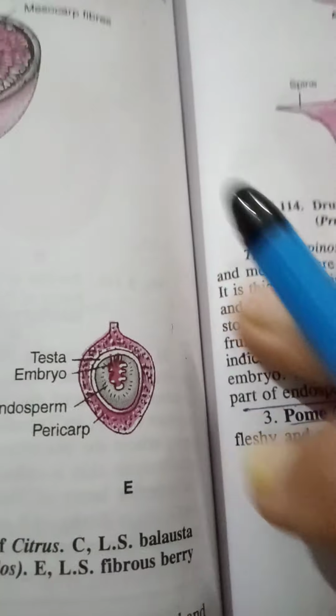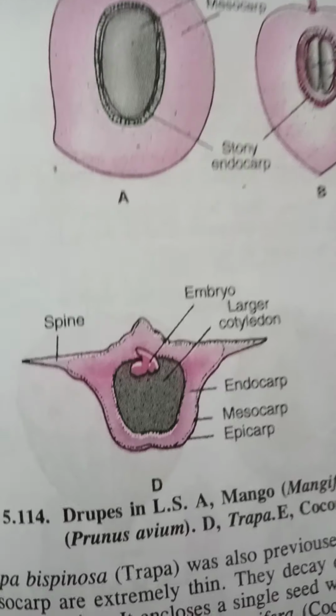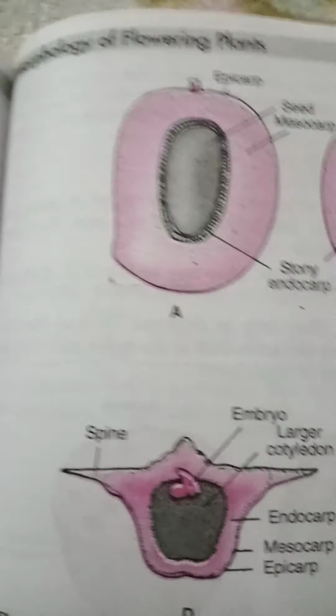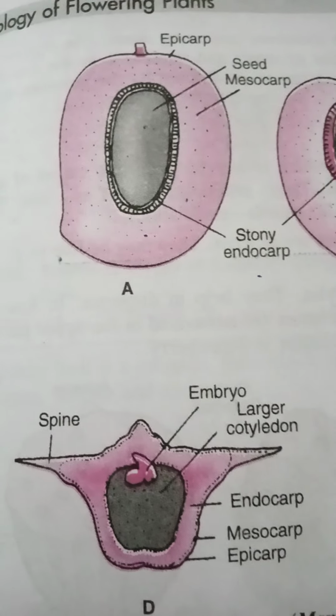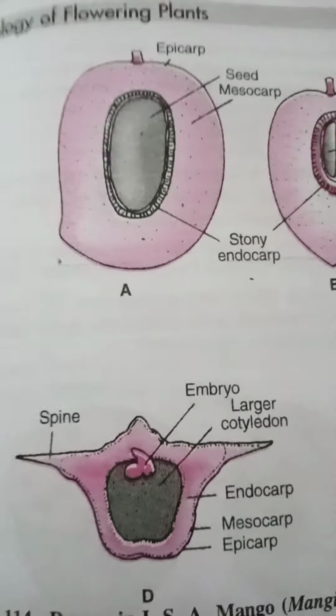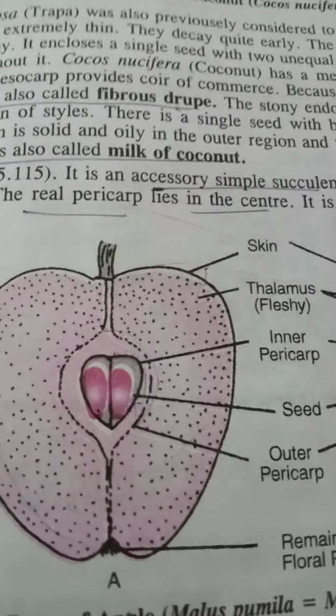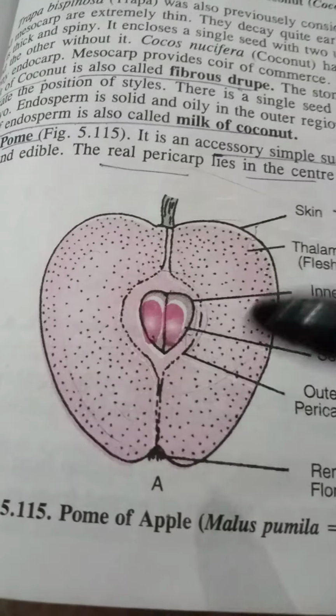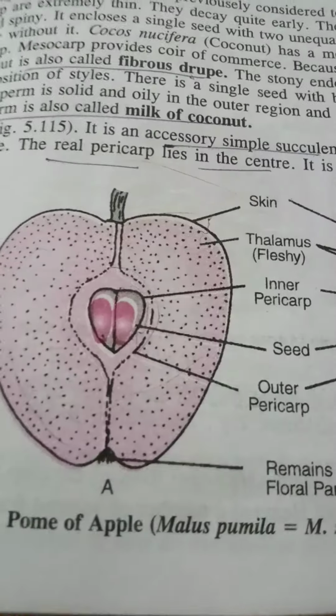Then next we come to the drupe, also called stone fruit because here the endocarp is hard. The mango is an example, coconut also. Then next is pome, that is the apple. It is also an accessory simple succulent fruit. It develops from the thalamus, so this is considered a false fruit.